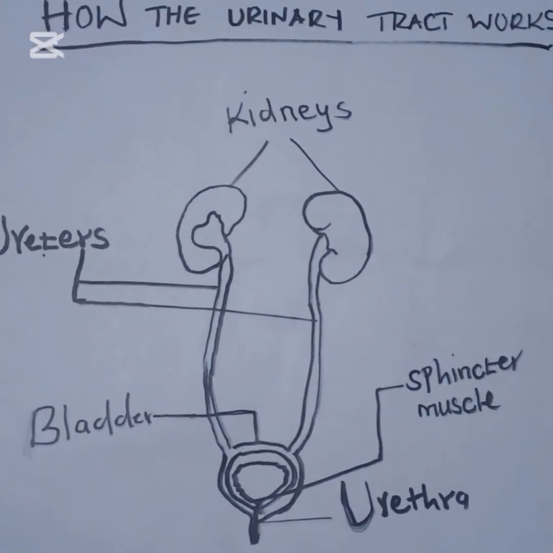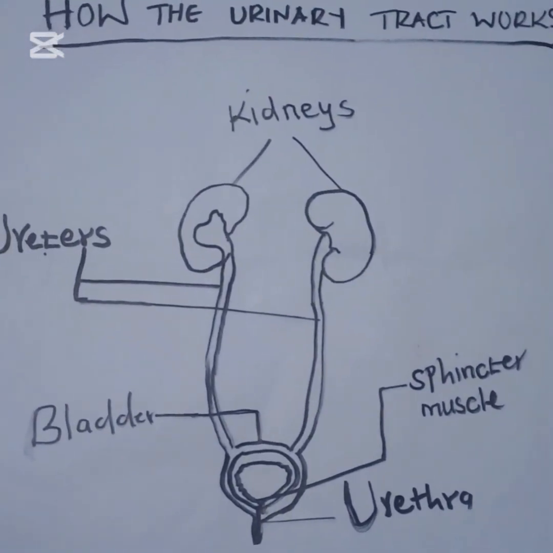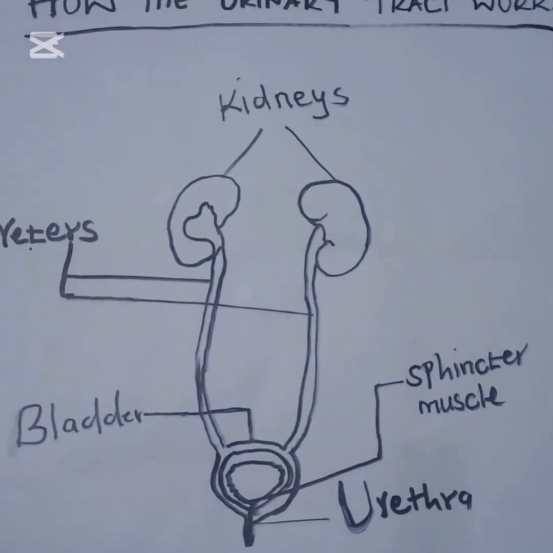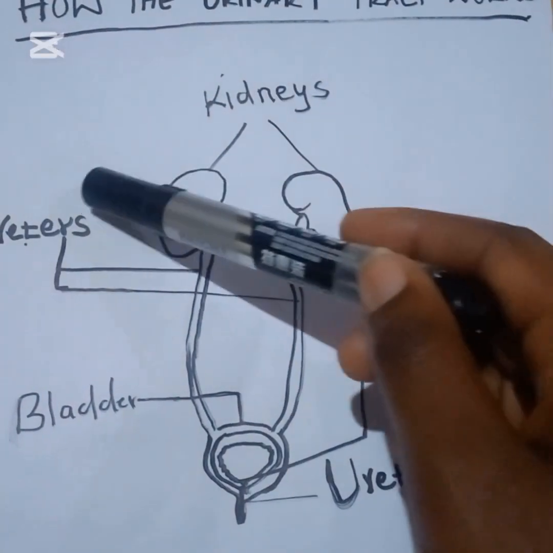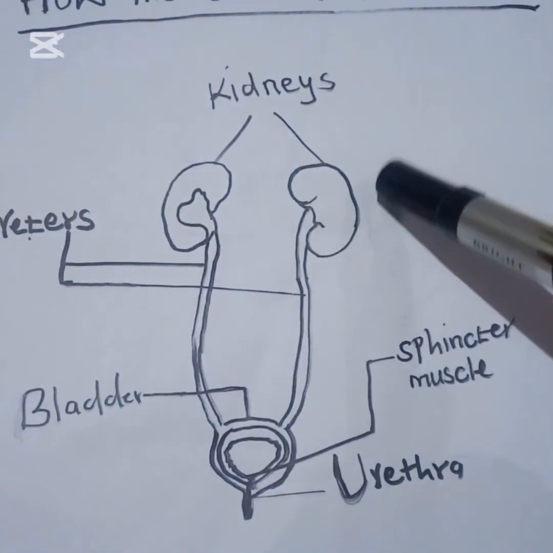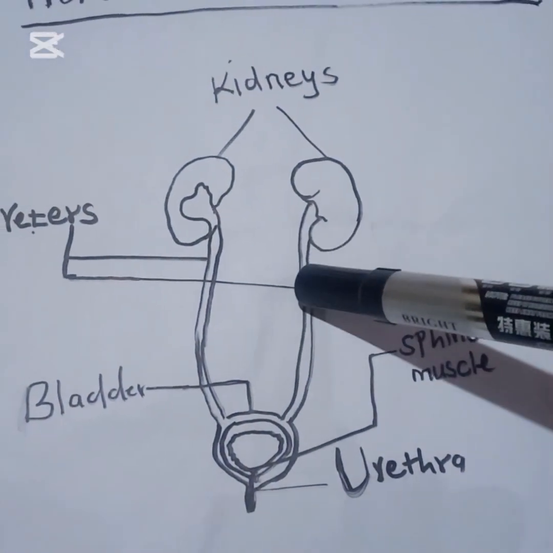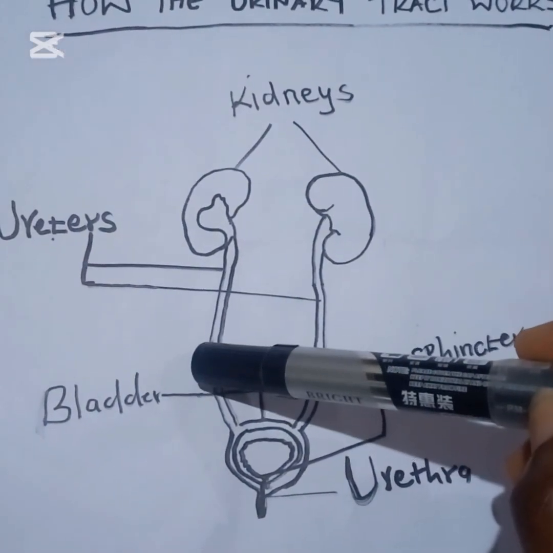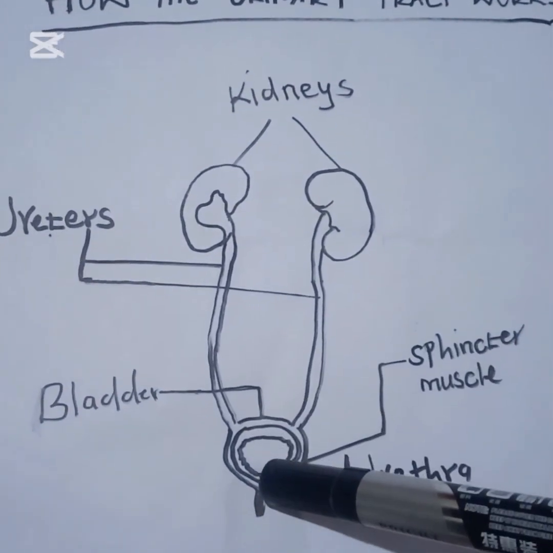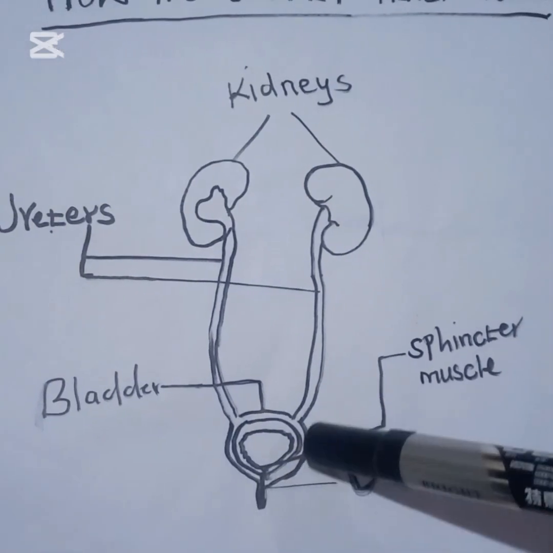From the structure, you can see this is the structure of the urinary tract. We have the two kidneys. We have the ureters, the two tubes running down to connect down here where we have the bladder.